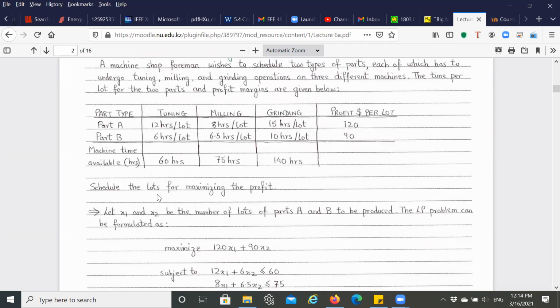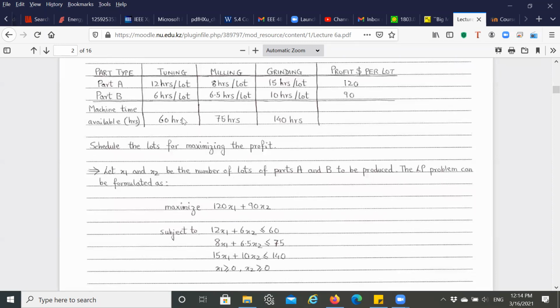So you want to make as many objects of each component as you can. Therefore, the decision variables would be x1 and x2, the number of objects of type A and type B that you can manufacture given these constraints. I want to maximize the profit, so 120 times x1 plus 90 times x2 will be my objective function.